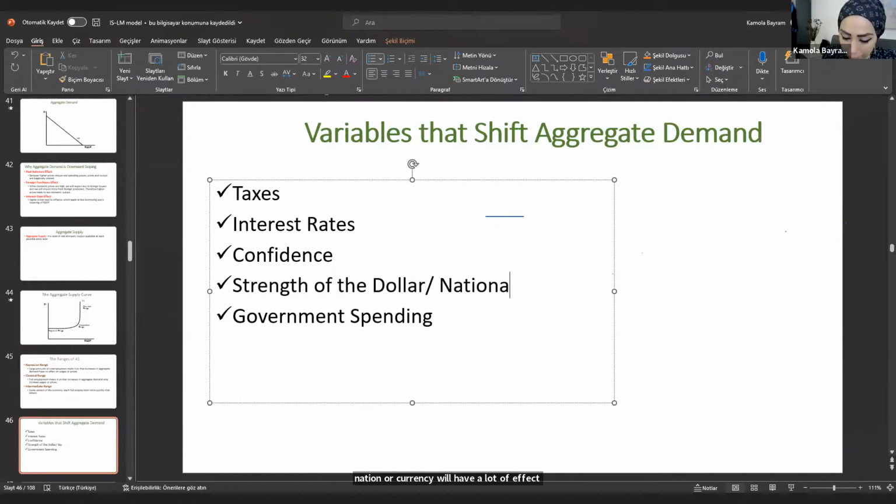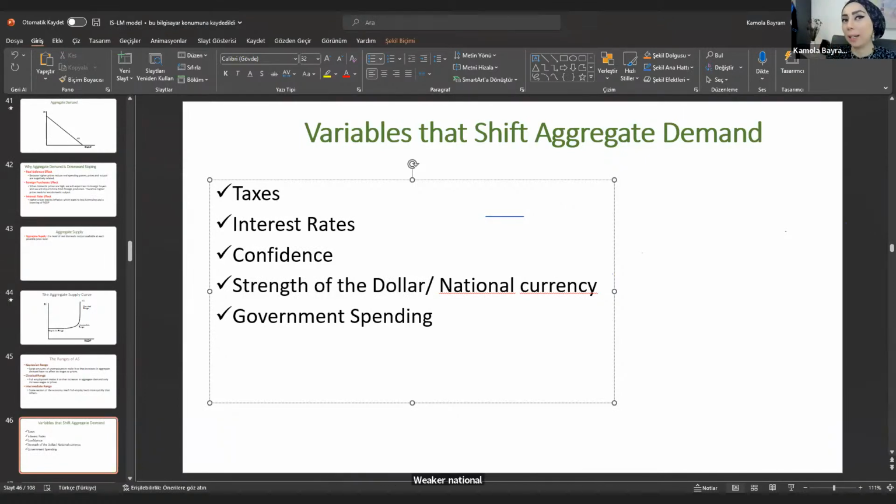National currency. Why? Because a stronger national currency means higher purchasing power, and vice versa. A weaker national currency means lower purchasing power.